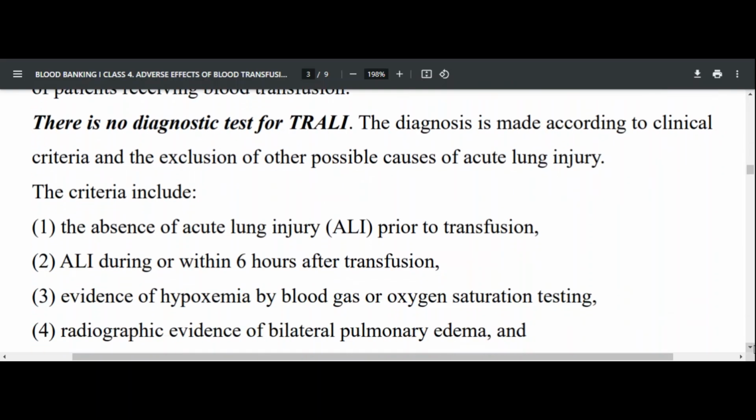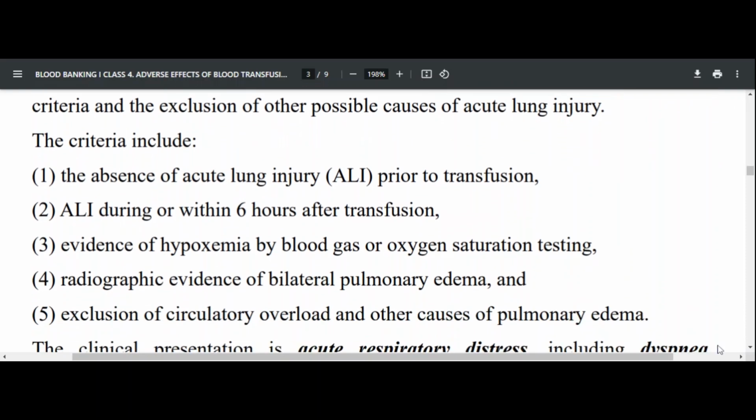For us to establish the diagnosis, the first criterion is absence of acute lung injury before transfusion. So make sure that the patient did not have acute lung injury before transfusion. Secondly, acute lung injury during or within 6 hours after transfusion.